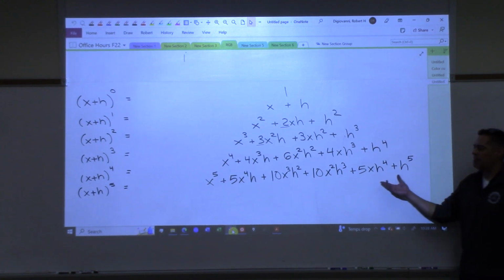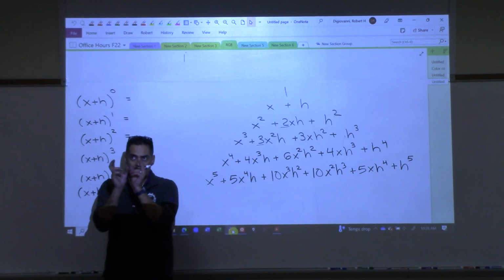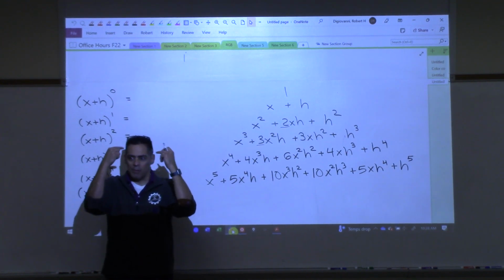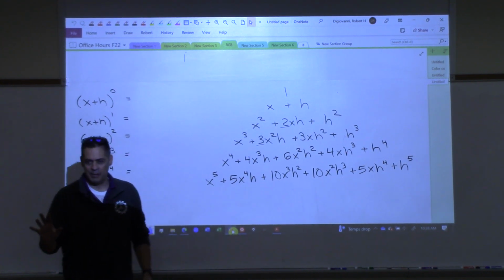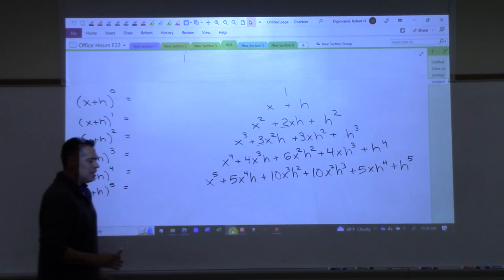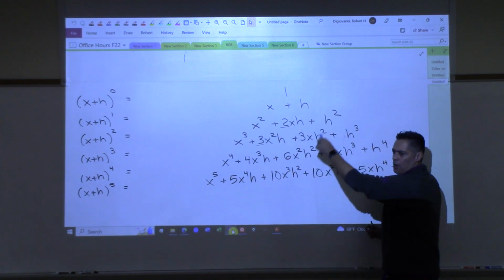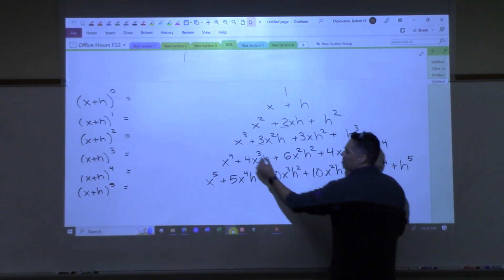So obviously I'm not doing this in my head. I'm not multiplying x plus h in my head and collecting terms, that's not what I'm doing. There's a pattern in this. I want you to focus all of your attention on the x's. Pick any of these rows and see what happens to the x's.